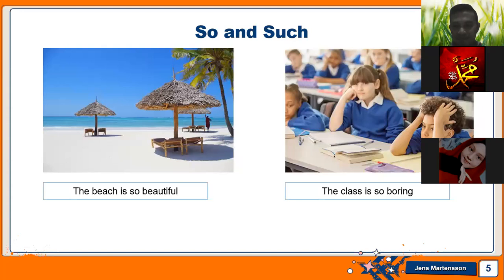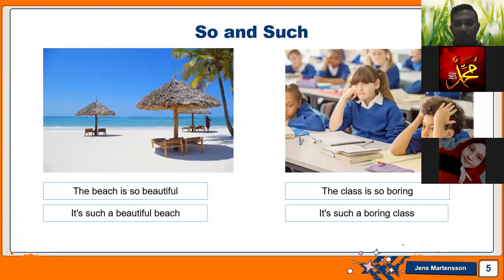It is such a boring class. Very good. It's such a beautiful beach, and here is such a boring class. All right, so these are examples of how we use so and such in a sentence.